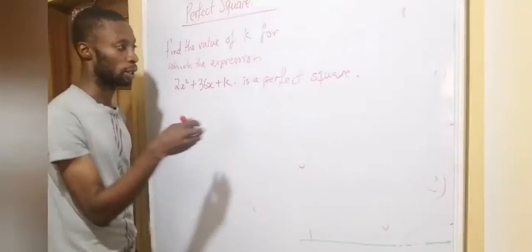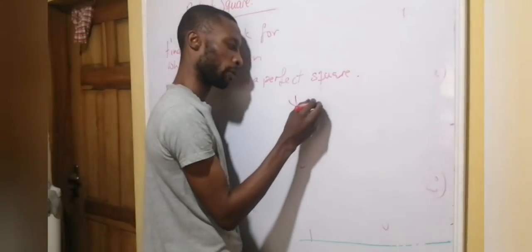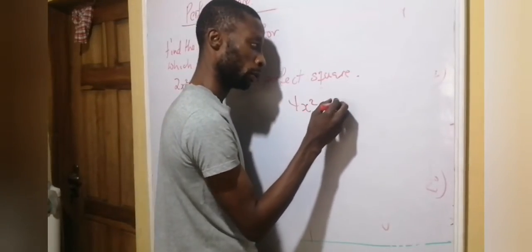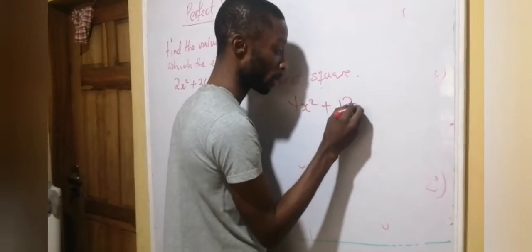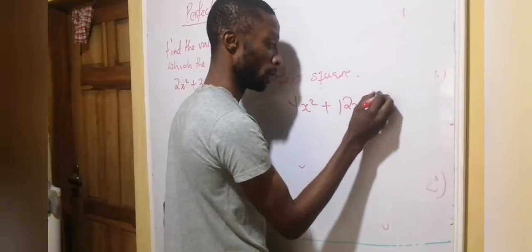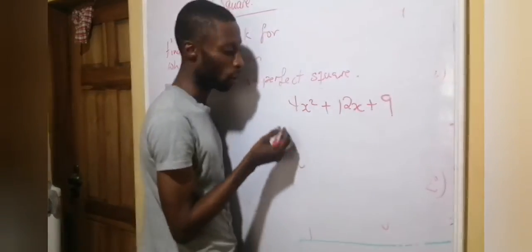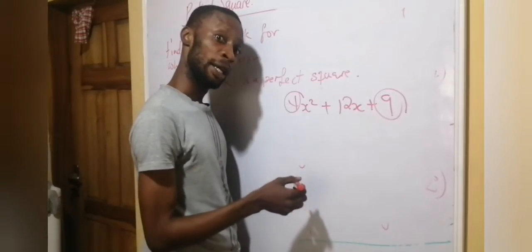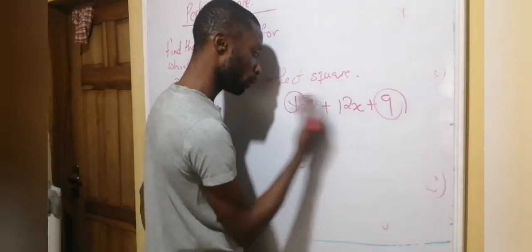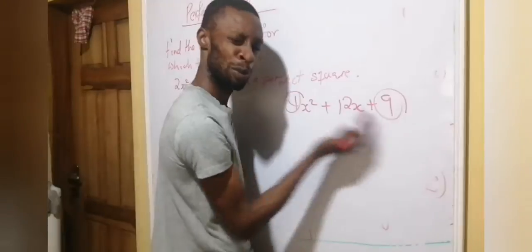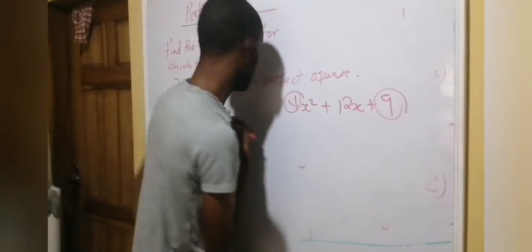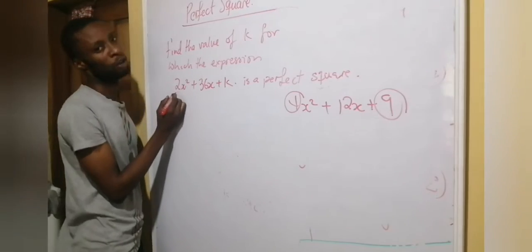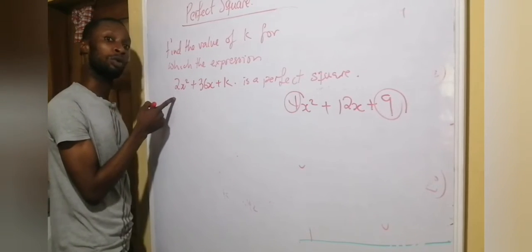The coefficient of x squared and the constant both must be perfect squares, like 4x squared plus 12x plus 9.